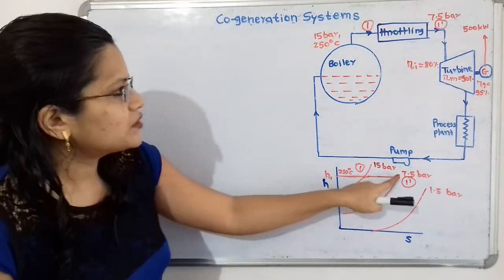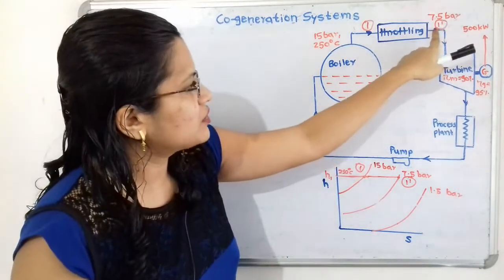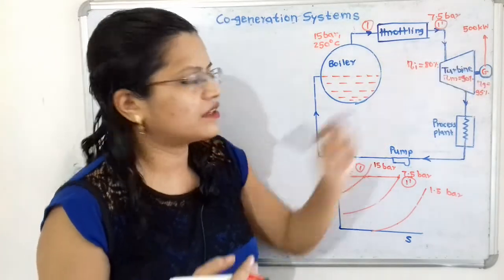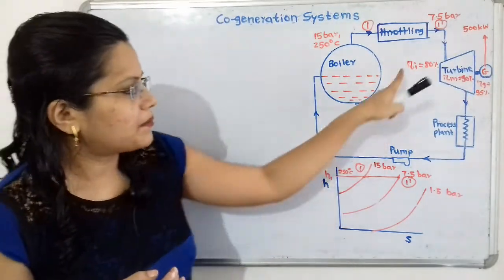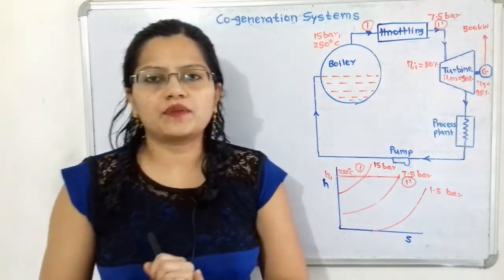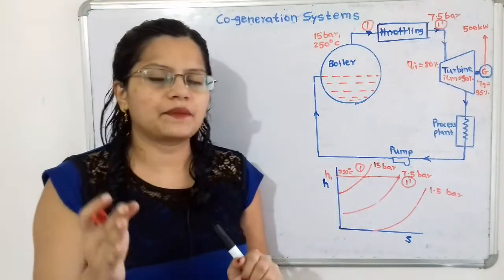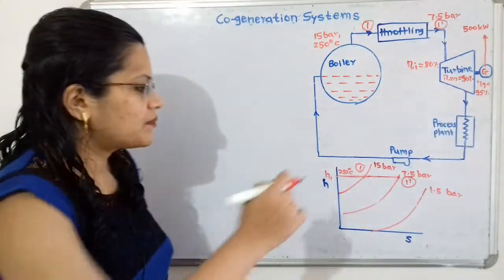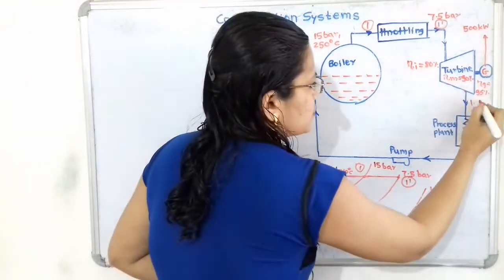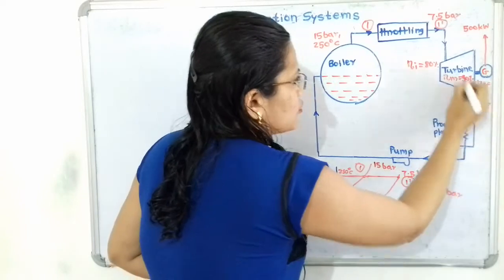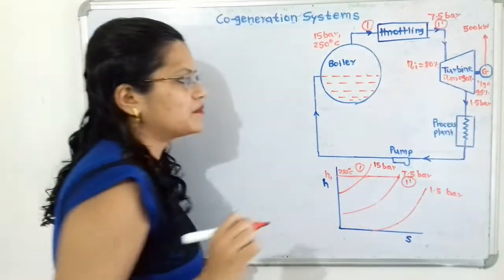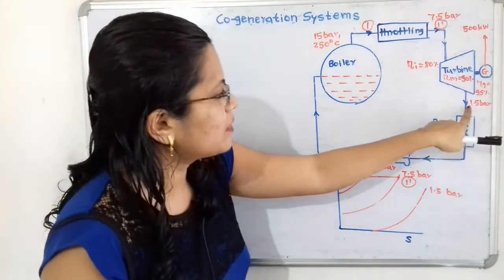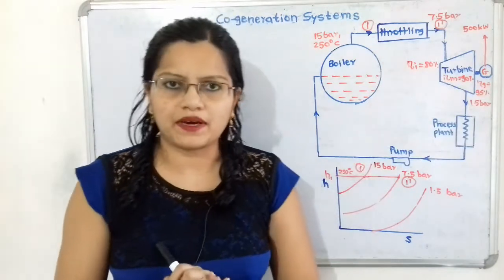Now this point 1 dash is the condition of steam before entering the turbine. Now in the turbine, isentropic expansion process is taking place, that means entropy remains the same. And at the exit point what is the pressure? So pressure is given, that is 1.5 bar. So this isentropic expansion process is taking place up to a pressure of 1.5 bar.